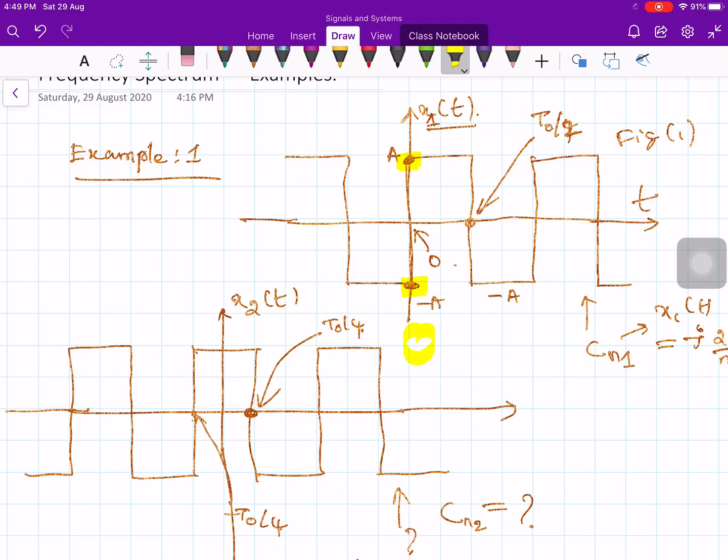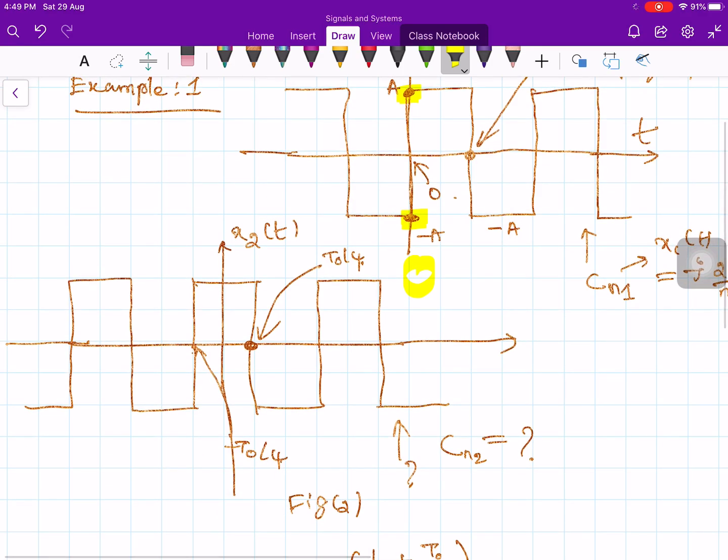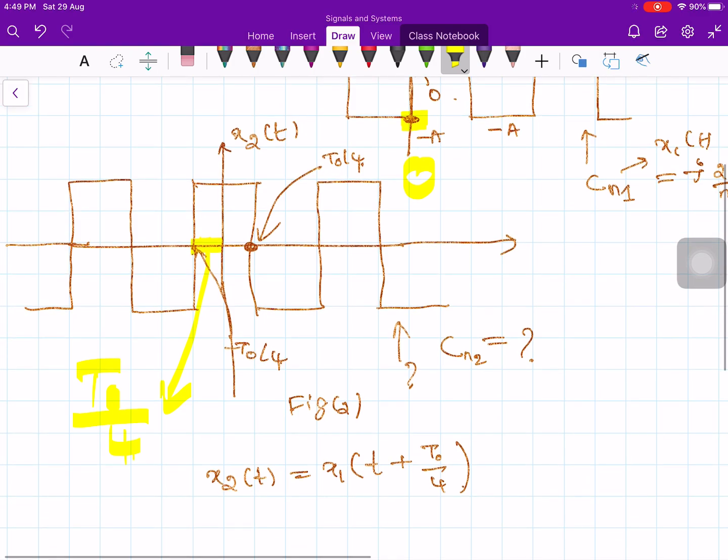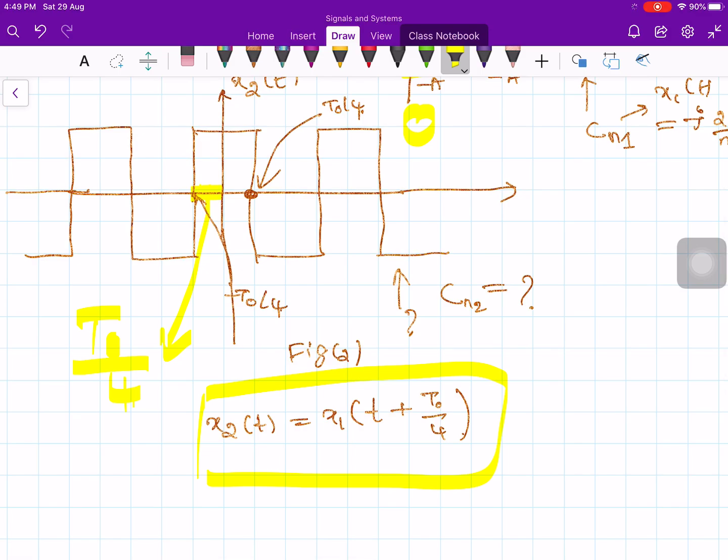But in x2 of t, the same thing occurs t naught by 4 seconds earlier. Okay, so this is the relation between x2 of t and x1 of t. The whole thing is advanced by t naught by 4 seconds in x2 of t.